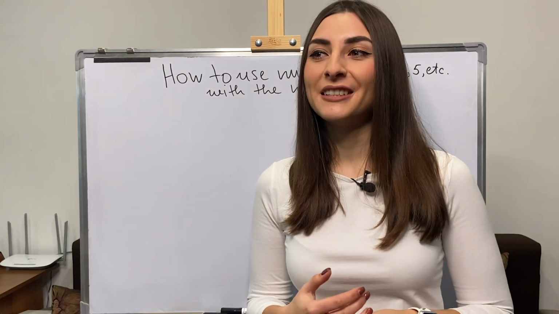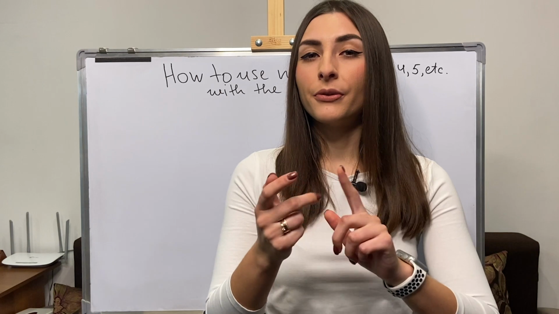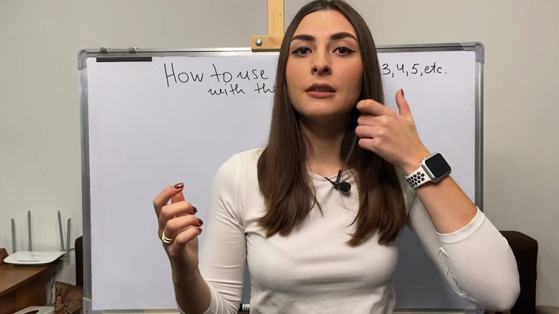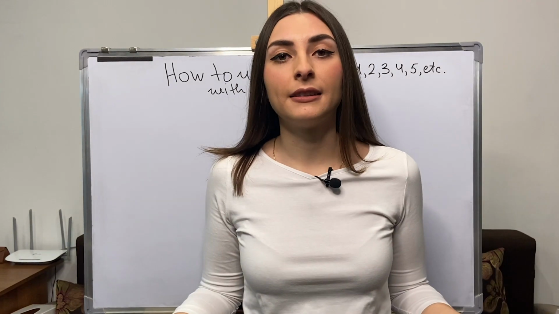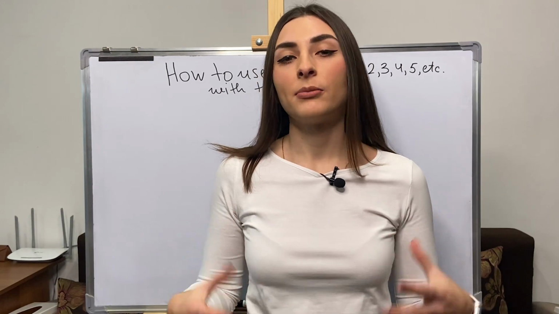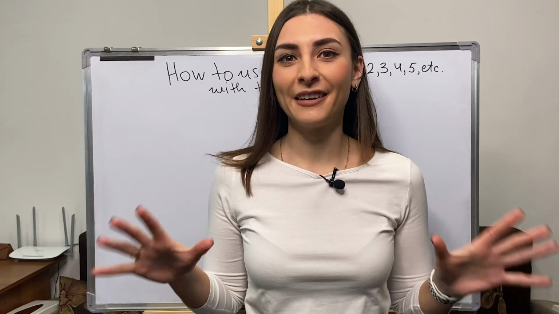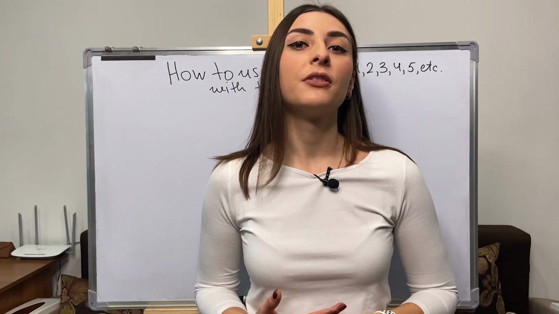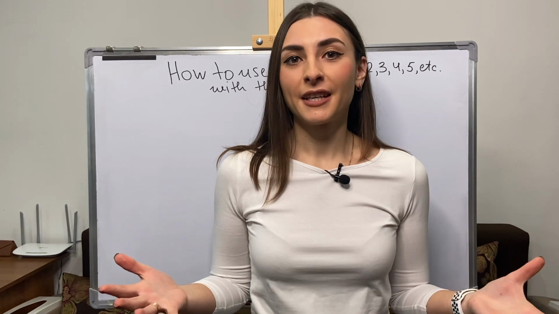Because with different numbers, especially with 1, and 2, 3, 4, and then from 5 and more, we use different forms and different cases, and I want to explain to you how to use them and how to make this agreement. And also we have even different genders. Okay guys, don't worry, I will explain everything. I will give you useful formulas. Please take your notes and let's get started.